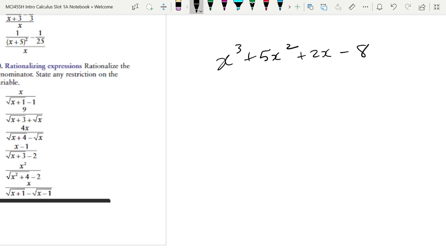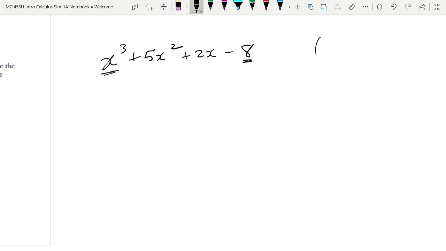I do know that the factors have to be factors of -8. You can think about why that is. Think about multiplying. If you multiplied a binomial times a binomial times a binomial to get this x cubed, notice those 3 numbers together that are the constants. Like say that you have x plus a times x plus b times x plus c. Those constants a, b, and c have to multiply to make -8, right?